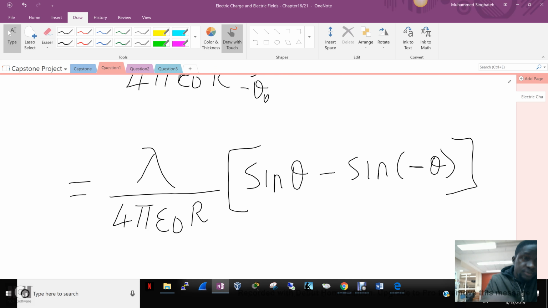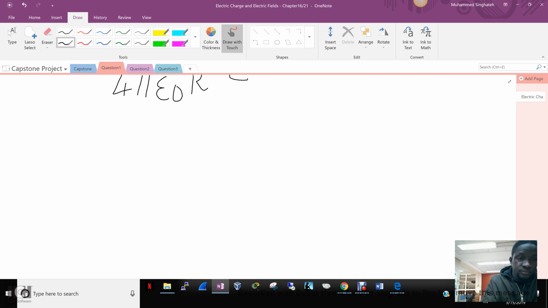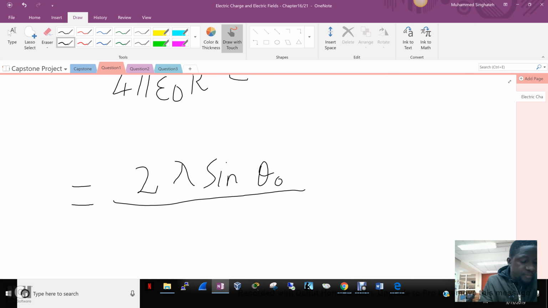Which is also going to be the same thing as: this is equal to 2 times lambda times sine of theta 0, divided by 4 pi epsilon naught r, and then we can cancel this by this, and we have 2 here.